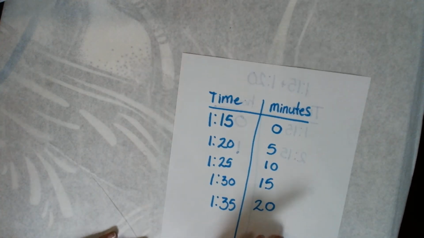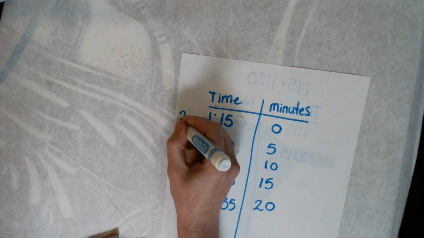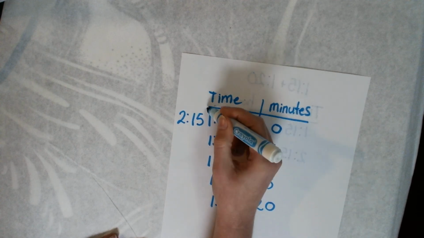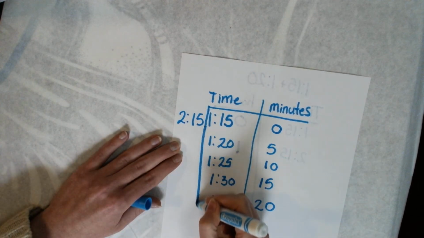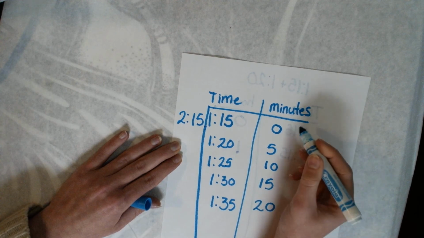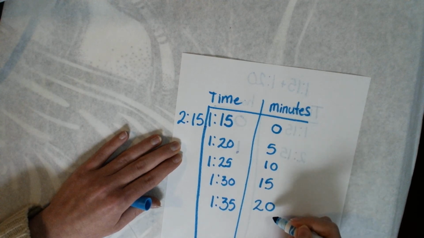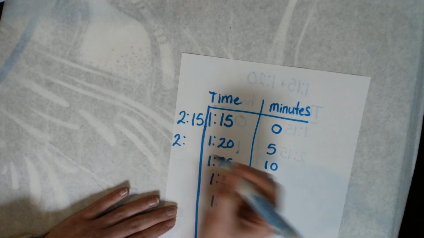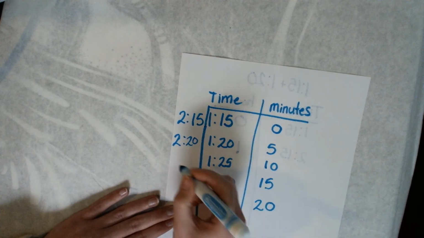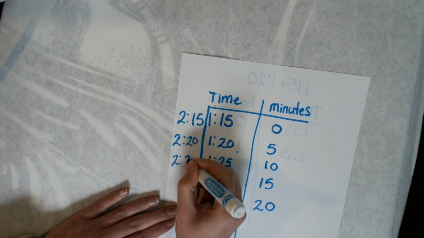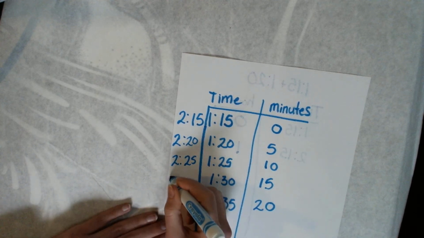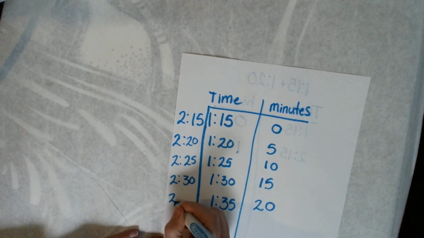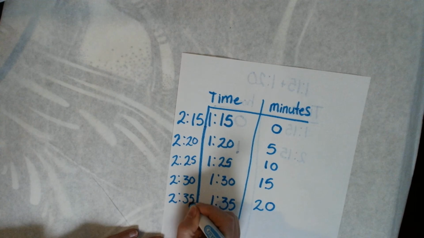So if we were at 2:15 for our new column, we're going to add our minutes counting up by groups of 5 again. 2:15, 2:20, 2:25, 2:30, 2:35.